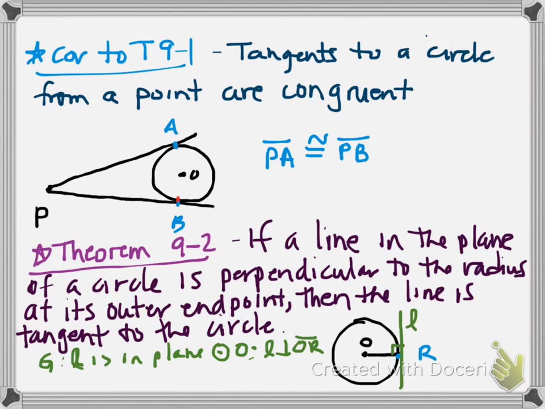And by the way, when you list the name of a radius, it's always center to circumference. At point R, which by the way is the point of tangency, we would be able to conclude or prove that line L is tangent to our circle.